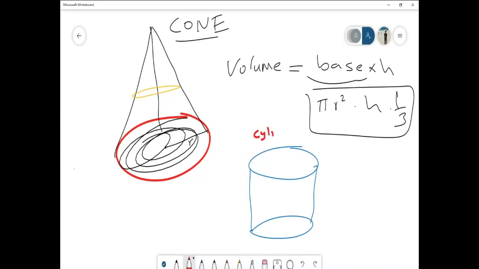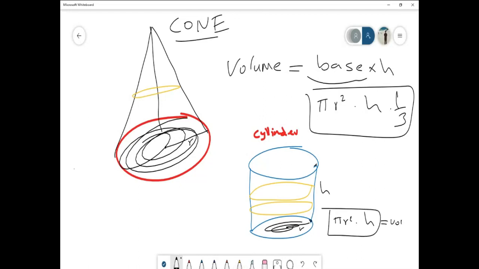The base, let's say this is r, is pi r squared. The base is not changing, right? If you go up, the base remains the same. If you take here, the base is the same. So you multiply directly with h. Let's say this is h from here to here. You multiply with this, and it will give you volume.